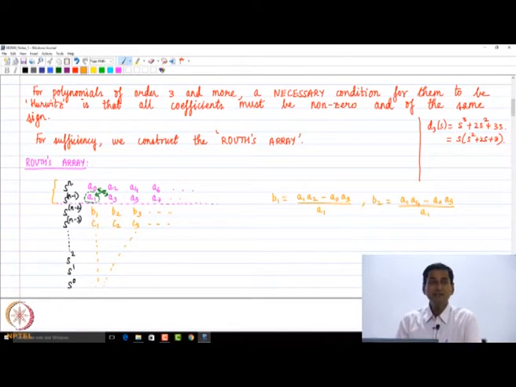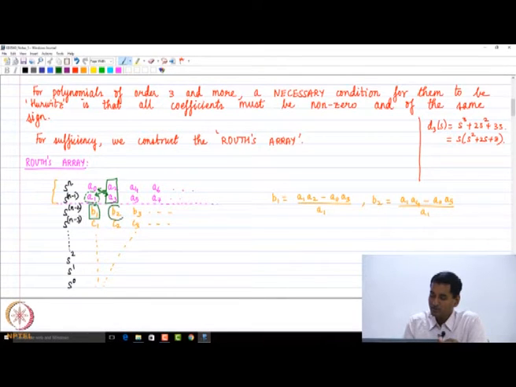For all entries in the s power n minus 2 row, this a0 and a1 will be common, and a1 will appear in the denominator. That's standard. But the elements with which you multiply are just one column to the right. For example, for b1 we chose a2 and a3, right?